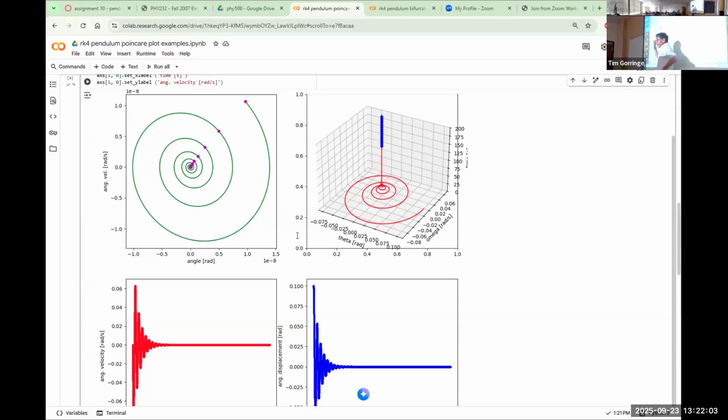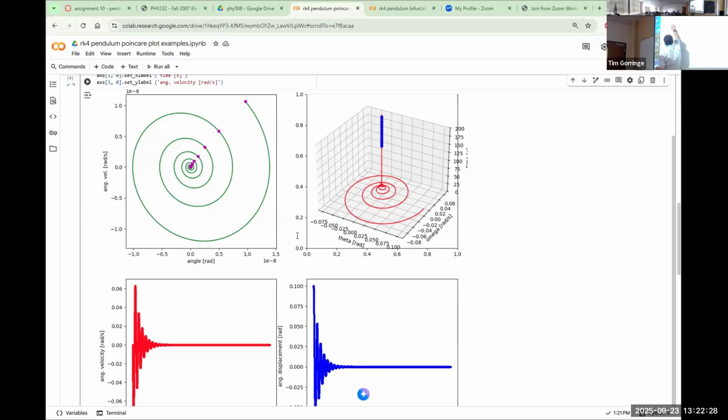It spirals into this point here that we might call, and later we'll call, an attractor. The pink points just represent a trajectory towards that attractor. So the phase space points themselves are along a trajectory.